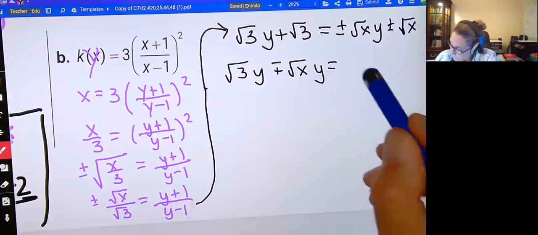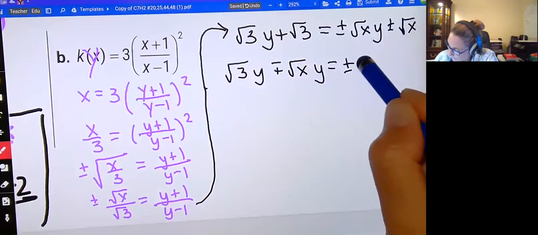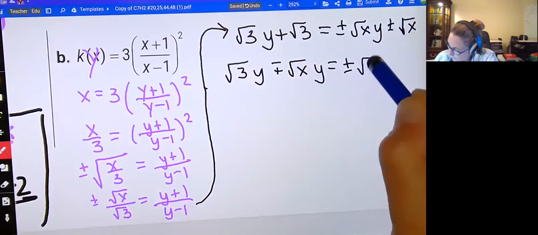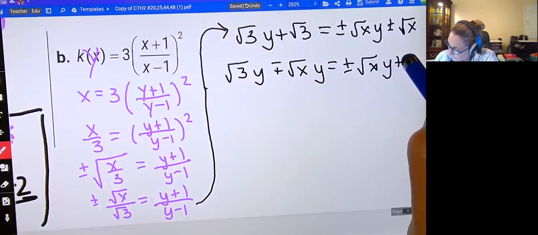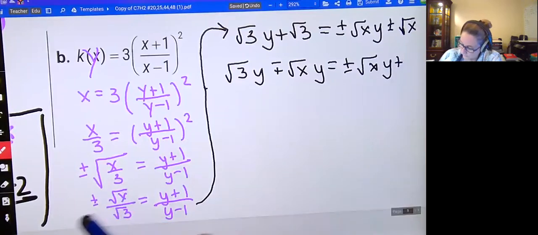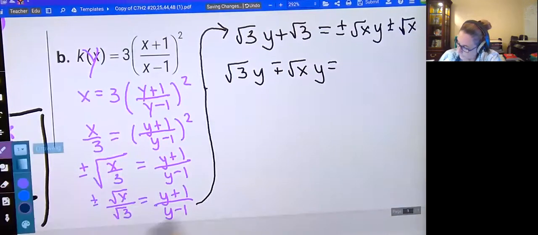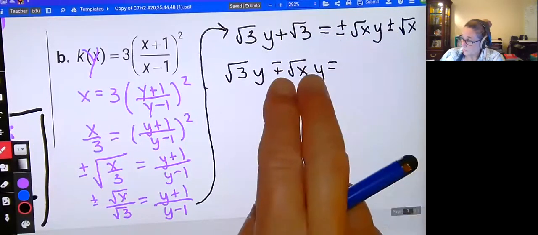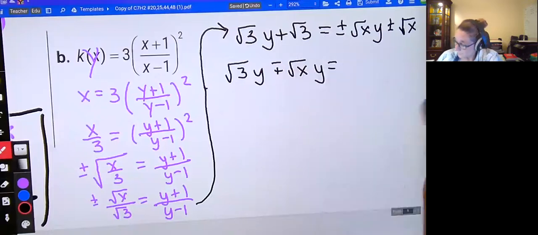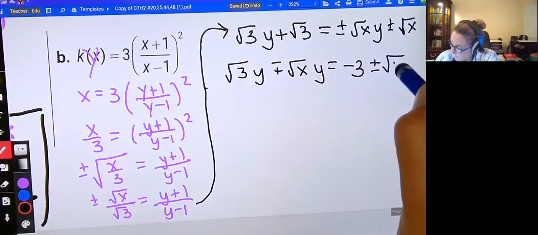Okay, so I'm going to get a plus minus root x y plus, hold on, sorry, I moved that over here. I apologize. I distracted myself with my negative. Okay, so I have this. I brought this over. This is going to come to the other side. So I'm going to have a negative 3 and a plus minus root x.